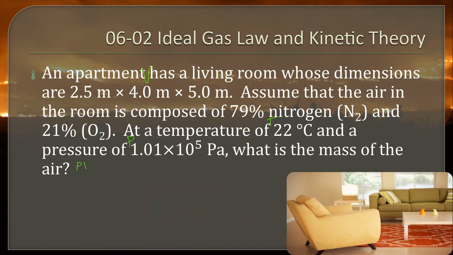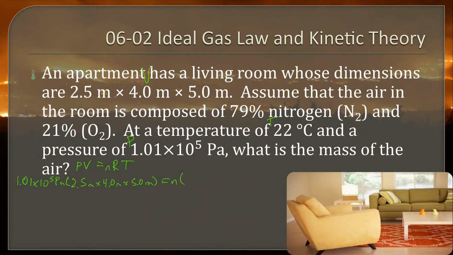So it's PV, and we're going to use the nRT version. Our pressure is 1.01 times 10 to the 5 pascals. Our volume is 2.5 by 4 by 5.